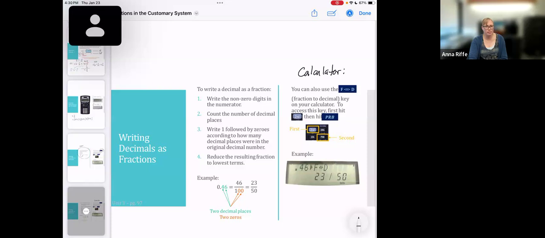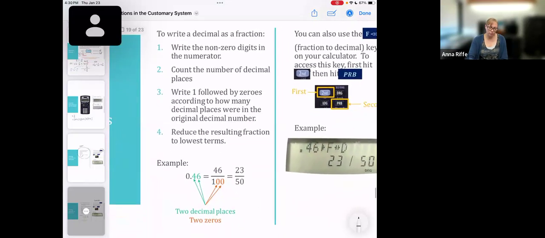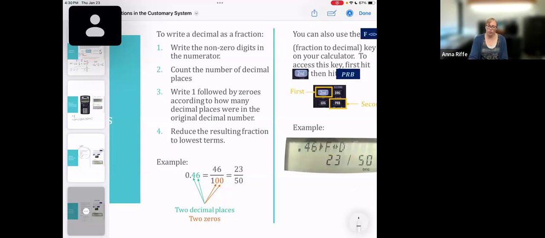We're not going to emphasize this, but I think it's worth stating at least once. If you want to write a decimal as a fraction, first write the non-zero digits in the numerator, count the number of decimal places that you had to move to write that as a whole number, and write that number of zeros following 1 in the denominator, and then reduce.